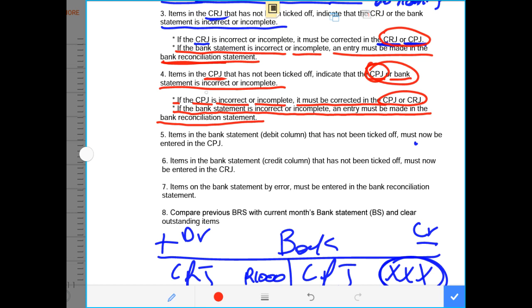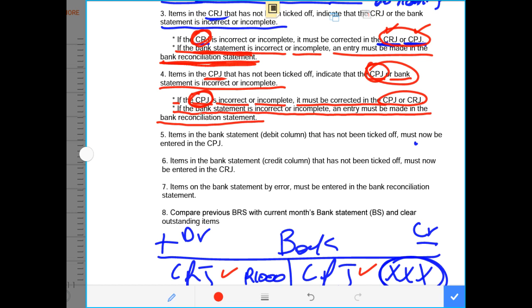If the receipt or the payment is incorrect, we make the correction either in the receipt or the payment, which is either on the debit side of the bank account or on the credit side of the bank account, because this is the cash receipt journal, debit side, and the cash payment journal, credit side. But if the incorrect or incomplete one is the bank statement, that must be corrected in the bank reconciliation statement. Be mindful of that, very important to note.